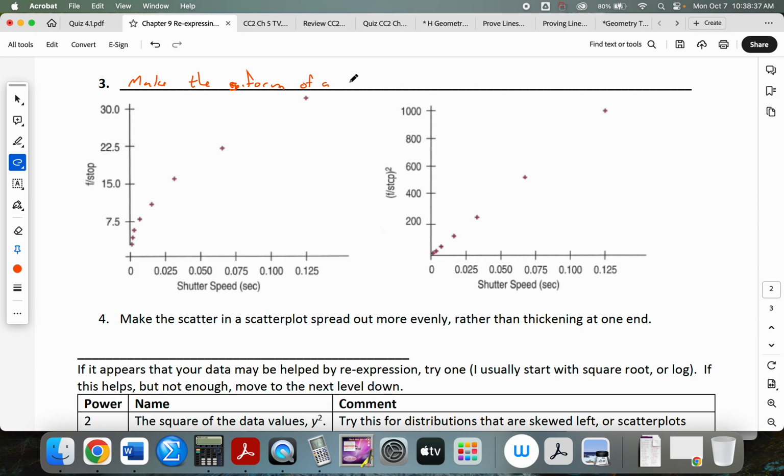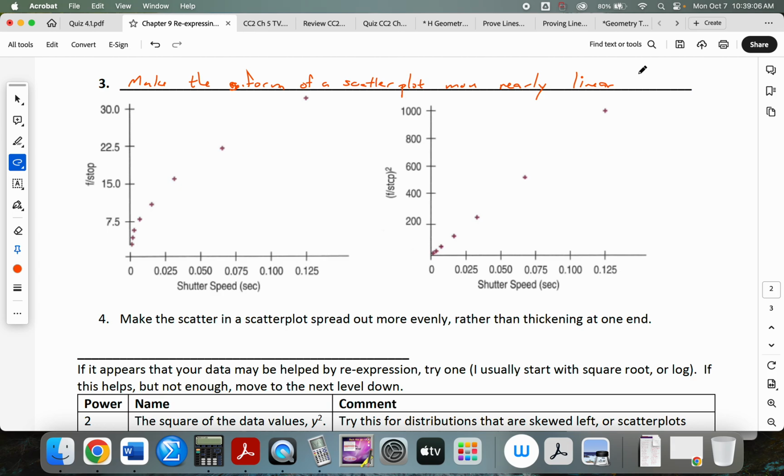So to make the form of a scatter plot more nearly linear. Because then we can talk about things like the correlation. We can talk about what percentage of the variation in one variable is accounted for by the variation of the other one.